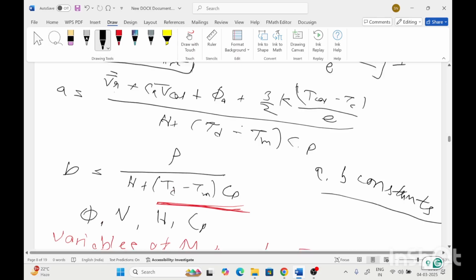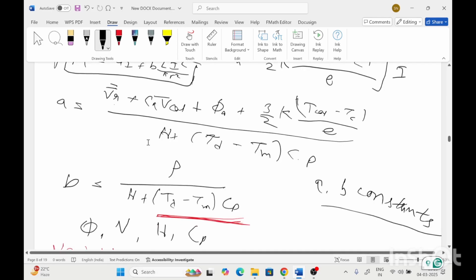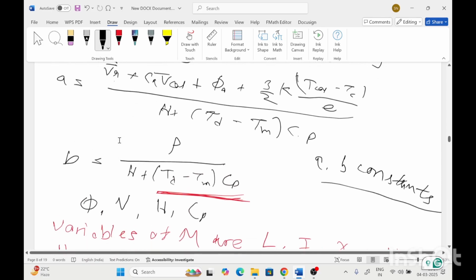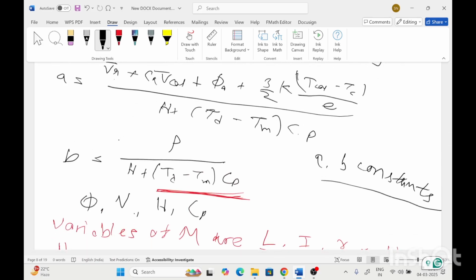So from the melting rate equation, we know that phi is the work function of the electrode material, V is the voltage, H is the latent heat, and Cp is the specific heat capacity. So these terms will always be constant.